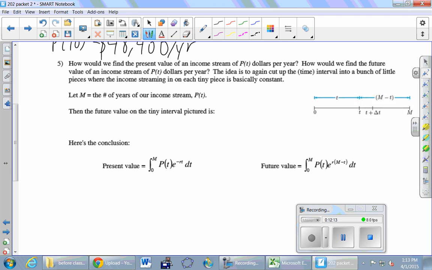Let's pause right there. So Alex's question is, okay, you've got this $1,600 per year coming in, but it's just coming in dribs and drabs all the time, and you want to invest that money, and you want to know how much that money grows to. But this is quite complicated, right? Because the penny that comes in this second has a different amount of time to grow than the penny that comes in this second, right?